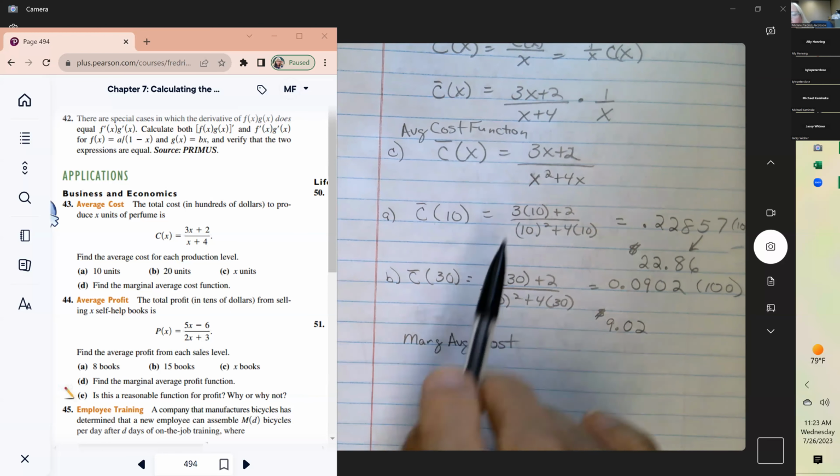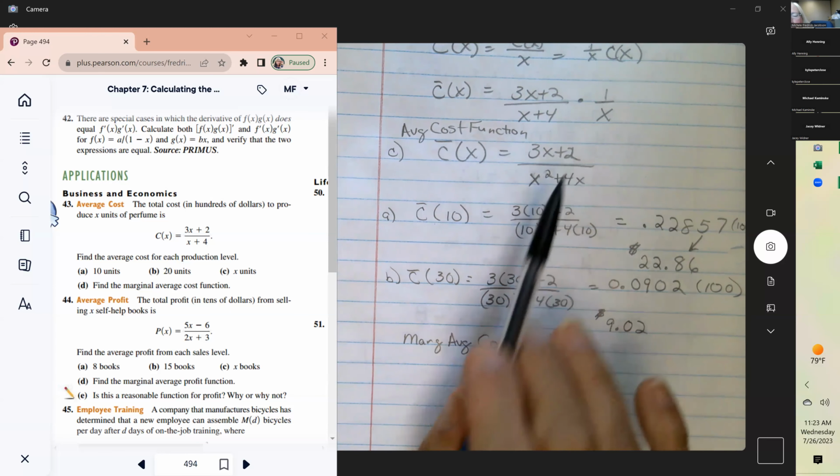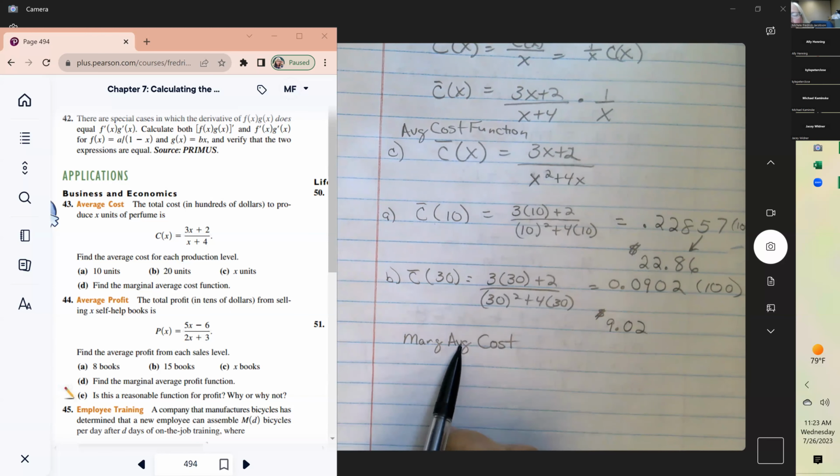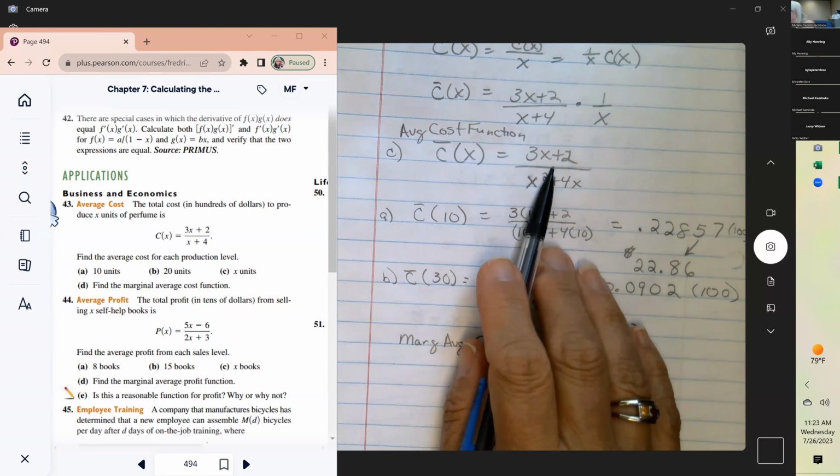Marginal average cost. Marginal means take the derivative, and they want the derivative of average cost. So we're taking the derivative of this one.